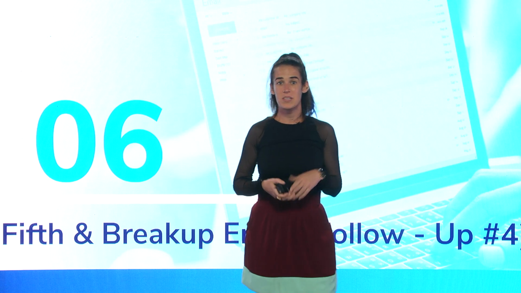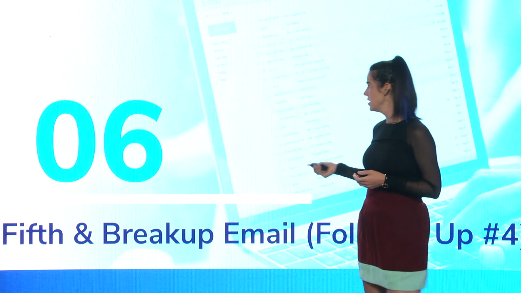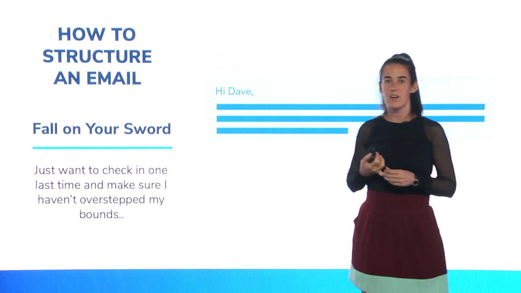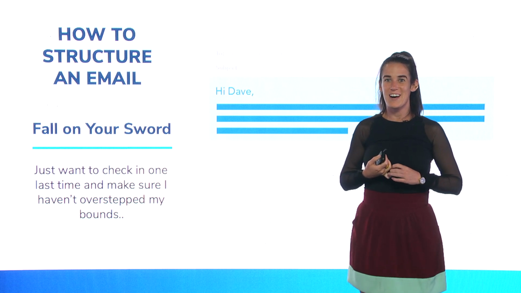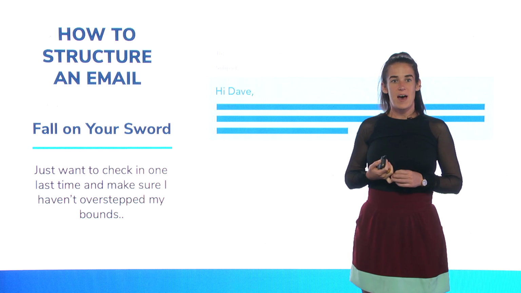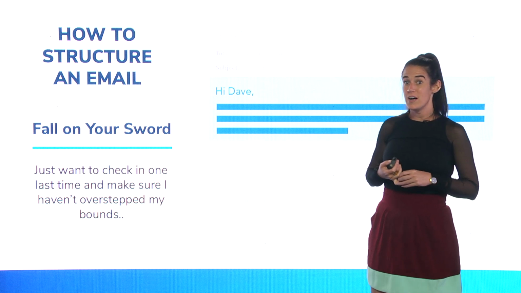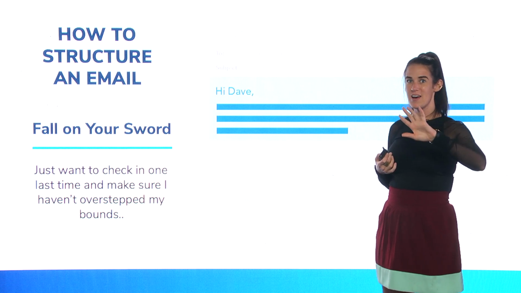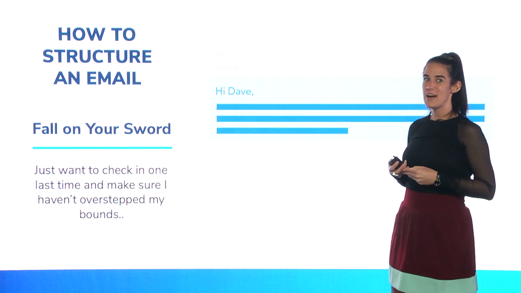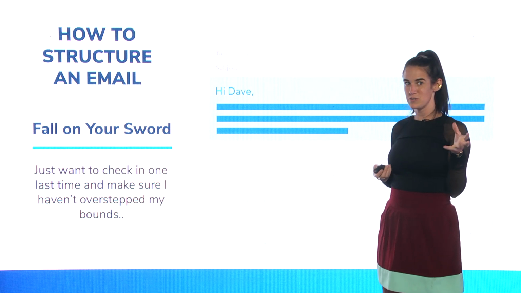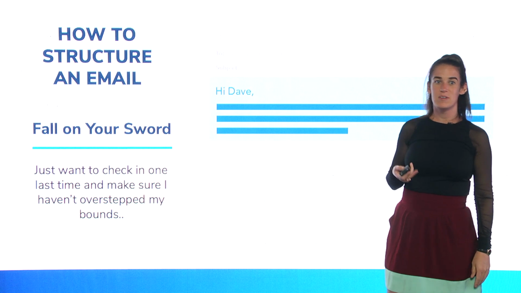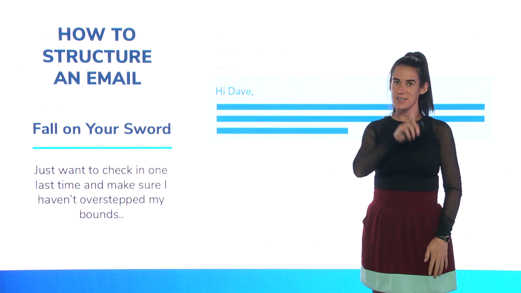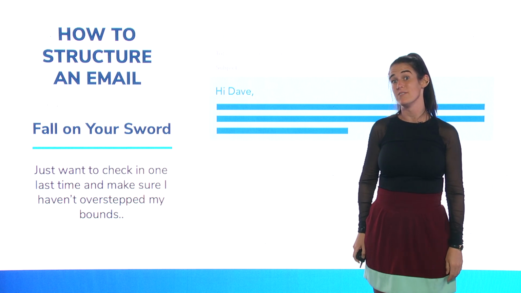So within a breakup email, you want to do it, but you want to do it in a very accountable and almost value-adding way, just giving a little context and walking out the door. So the first line of the breakup email, I would take accountability and fall on my sword, so to speak, and say, hi, Scott, reason for my outreach is I wanted to check in one last time and make sure that I haven't overstepped my bounds.